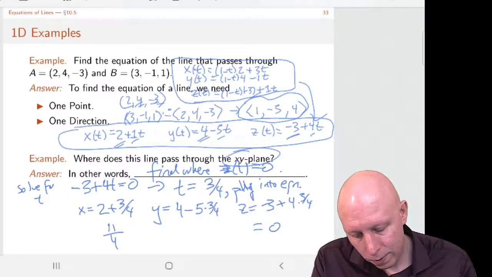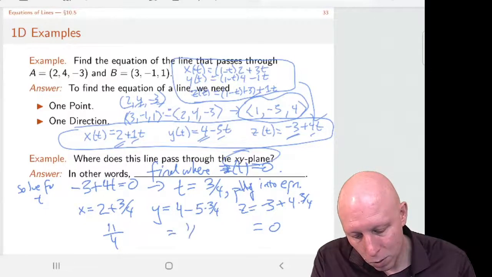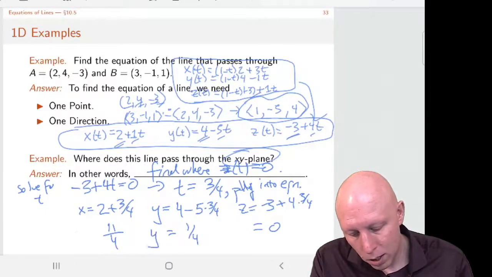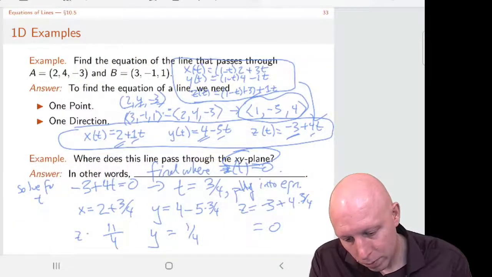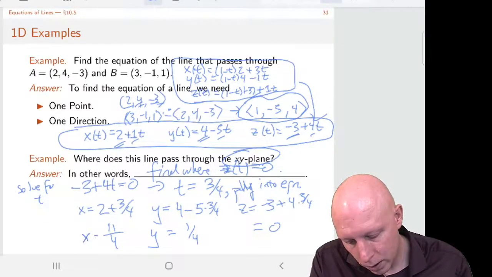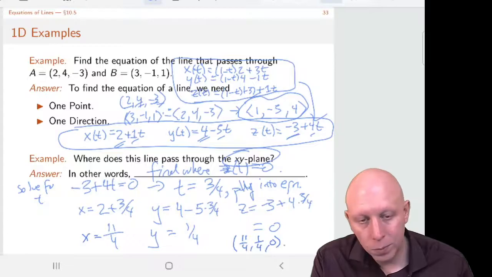And 15/4 is almost 16/4, so y is equal to 1/4. And so the coordinates of where this point goes through the xy plane is 11/4, 1/4, 0.